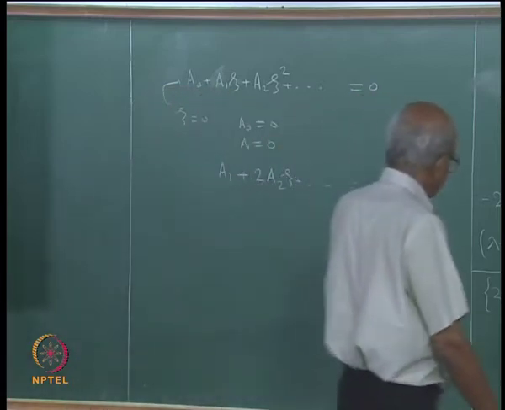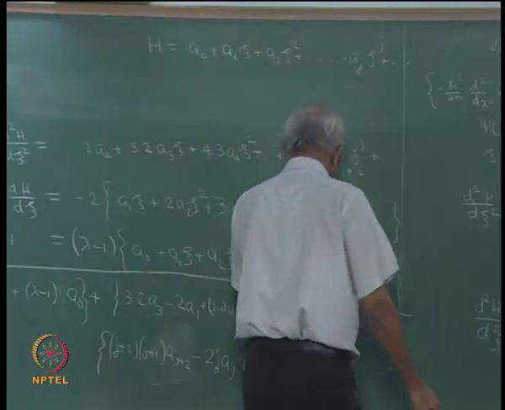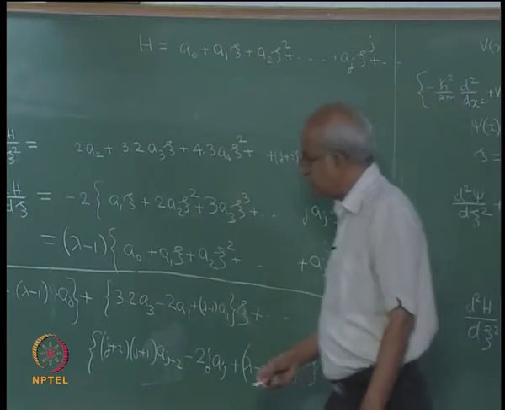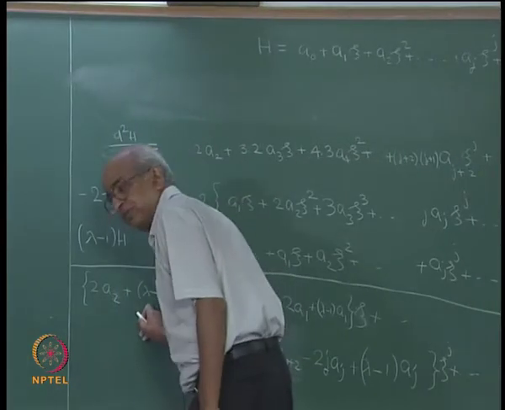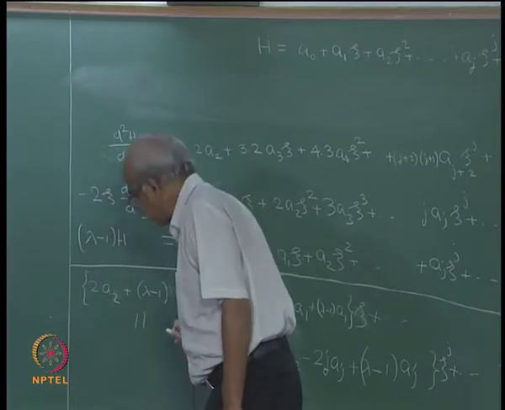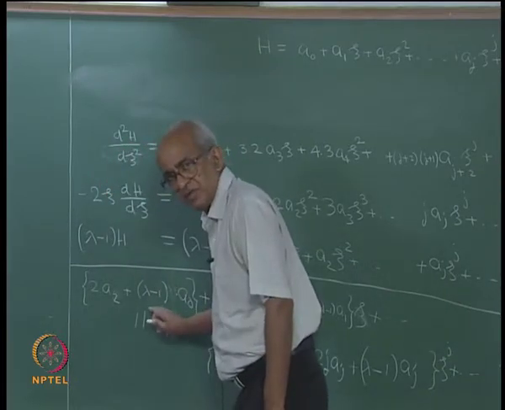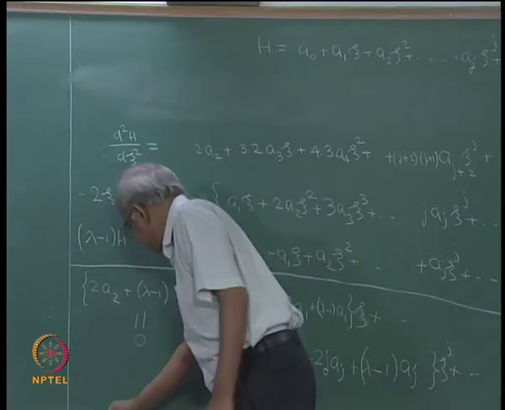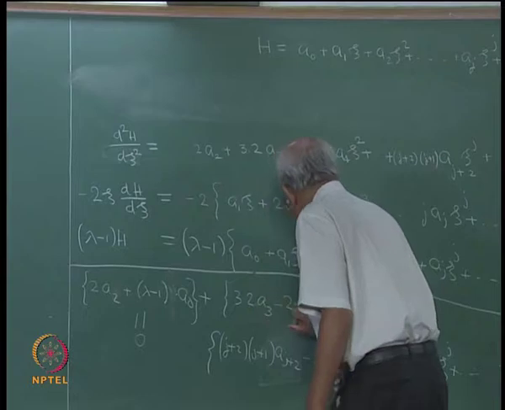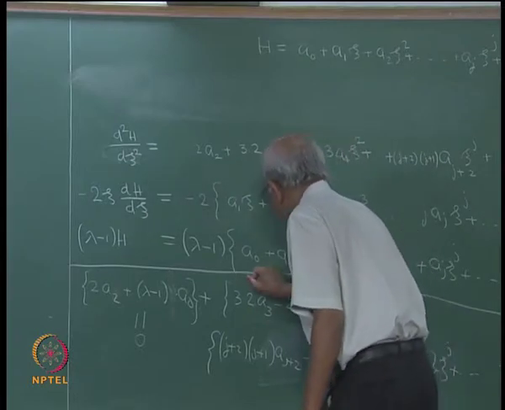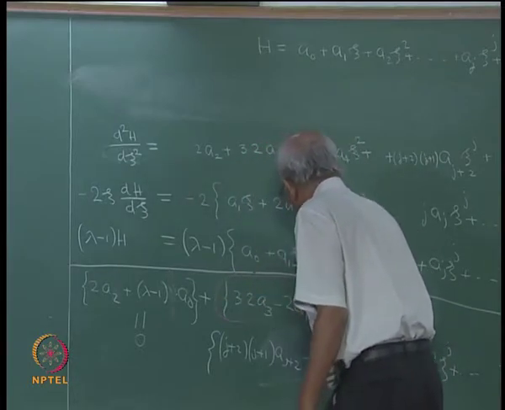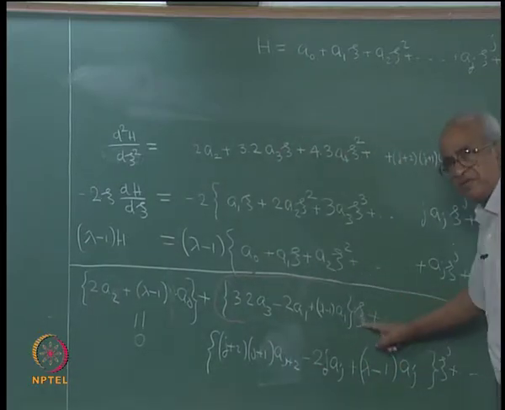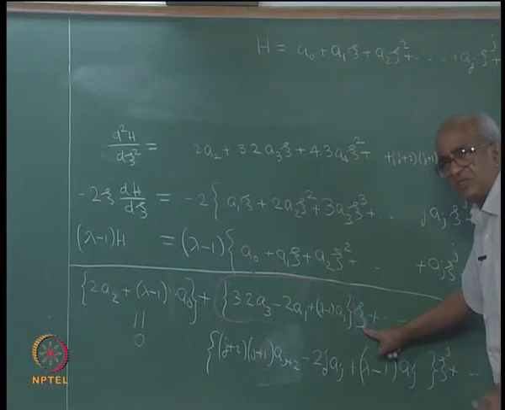So, if this equation is to be satisfied, then this, which is the coefficient of c to the power of 0, must be equal to 0. Not only that, this also has to be equal to 0. For each power of c, the coefficient has to be equal to 0.